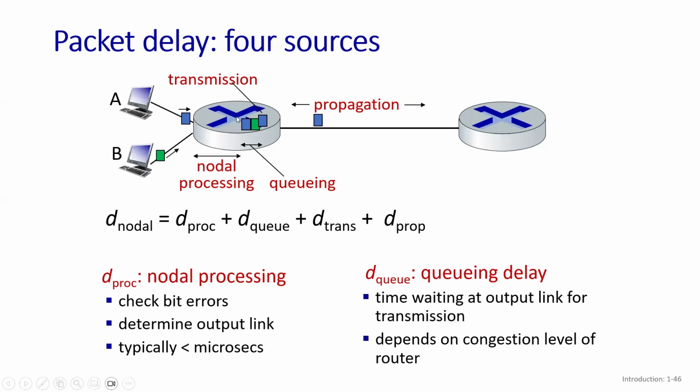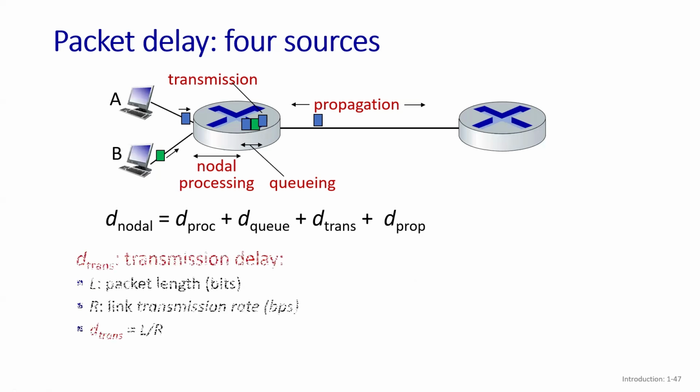So it is difficult to measure exactly what the queuing delay is because it may be variable. Sometimes there are no queues. If there is no congestion on the network, then we will have no queuing delay. But if there's more congestion, then this delay can increase.